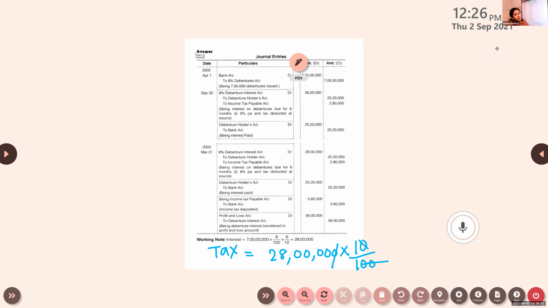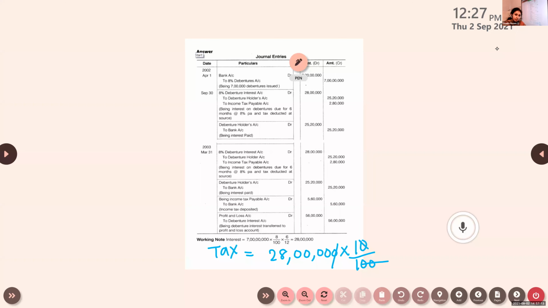Or else, sometimes they will make use of the securities premium reserve account. Remember the securities premium reserve account? When I explained it, I told you that it is the extra money collected by way of issue of debentures or shares.